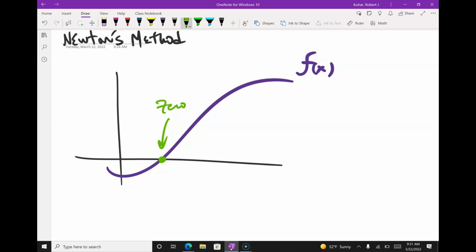What I do is I make a guess. I'll make a guess here. This is, I'll call it x sub 0, the initial guess, right?